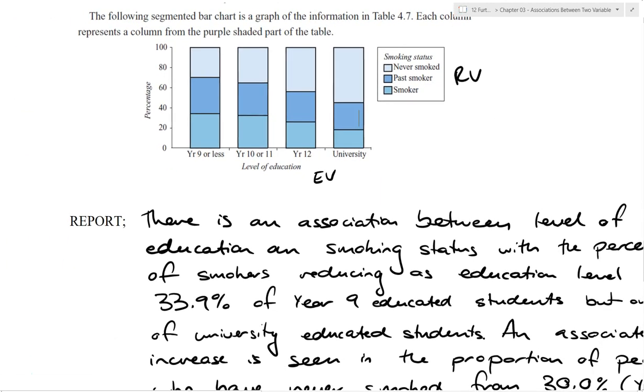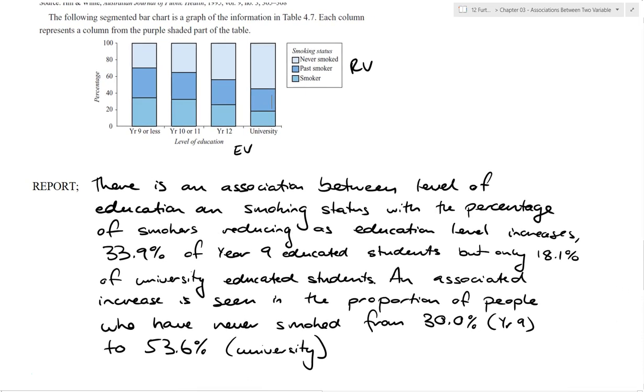And here's what you could say. There is an association between the level of education and smoking status, with the percentage of smokers reducing as education level increases, 33.9% of Year 9 educated students, but only 18.1% of university educated students. Notice that I'm quoting relevant statistics as I go, always important.